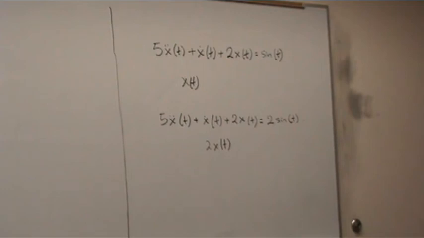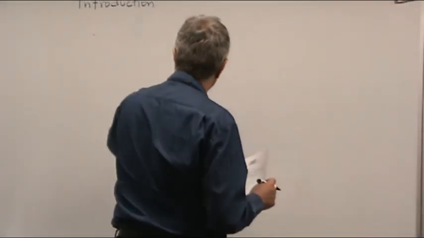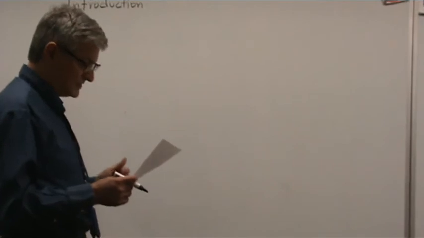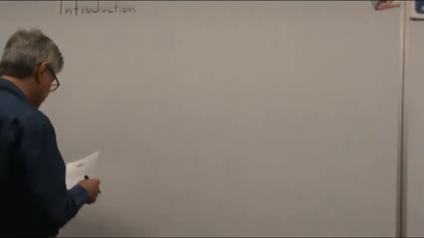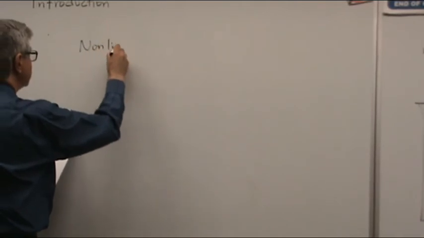And we have to be careful about what is the important term. The important term to decide whether the system is linear or nonlinear is actually the unknown. So, nonlinear system.